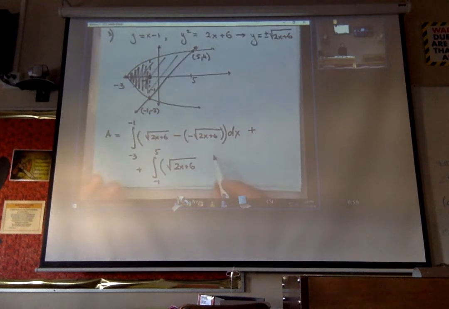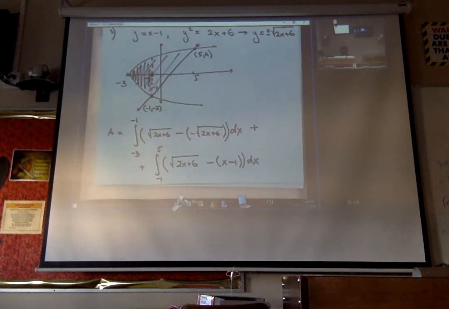So minus x minus 1 and dx. As you see, it's getting more complicated if you don't have one curve on the top and one curve on the bottom. Now, technically, it can be backwards. You have two functions on the top and only one function on the bottom. You still have to split. Okay, that's not going to work so easily here.